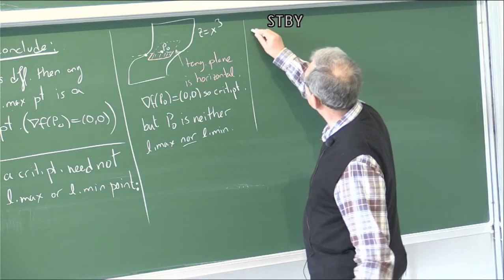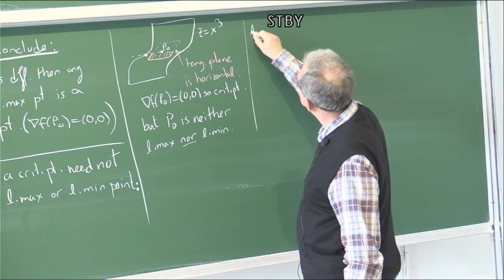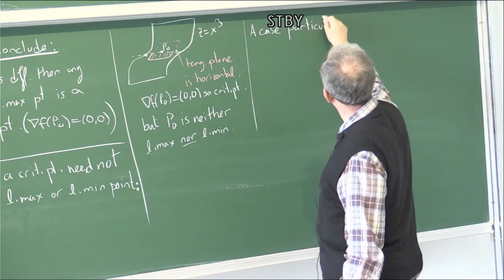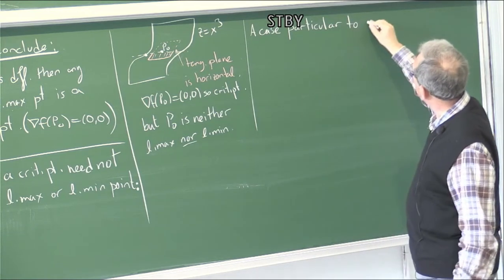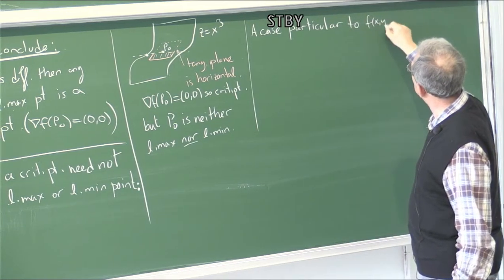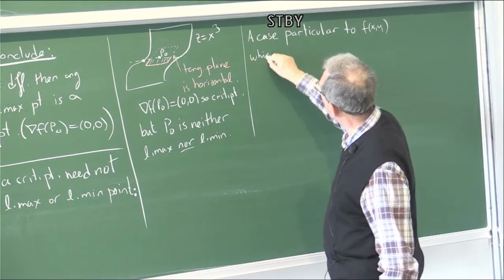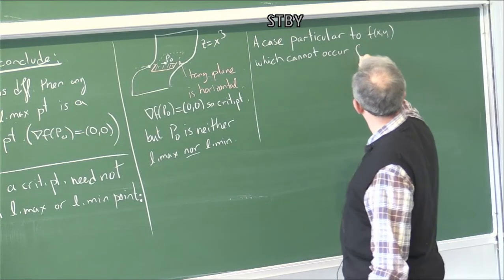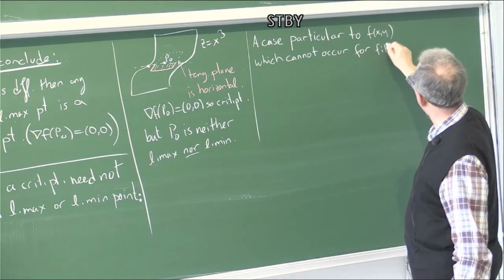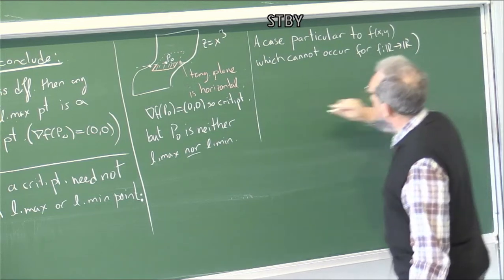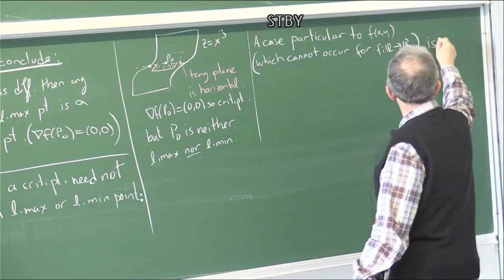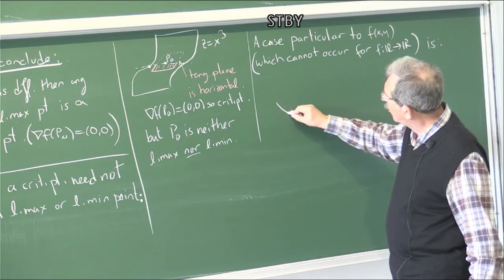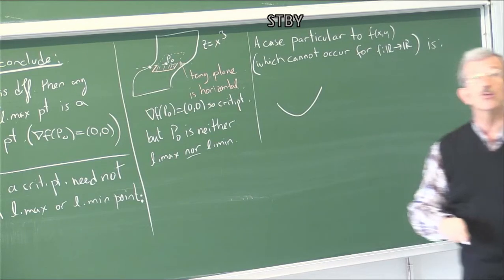So a case particular to f of x, y, which cannot occur for a function from R into R, is the following. Consider a curve like y equal to x squared.